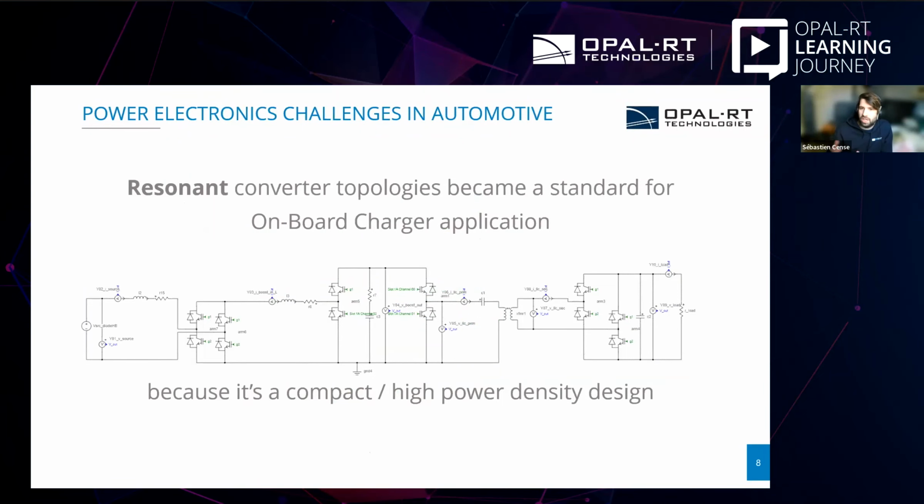Basically, for onboard charger applications, the chosen technology for the design was mainly resonant converter topologies. This became a standard for onboard charger applications because it's very compact and has a very high power density, because it switches only when the current crosses zero.